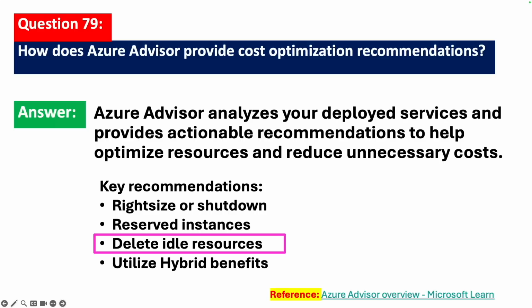Azure Advisor will flag idle network gateways and unused disks, advising their removal to avoid unnecessary expenses. Another type of recommendation is alerts from Azure Advisor recommending you utilize existing on-premises licenses for your Windows Server and SQL Server in the Azure environment to minimize the cost. This is known as hybrid benefit for your servers and SQL Server.